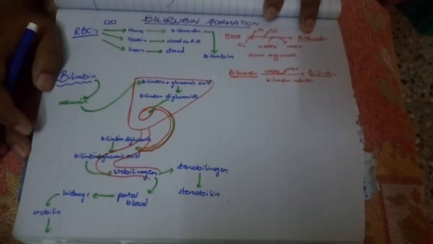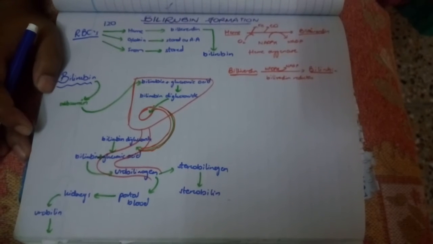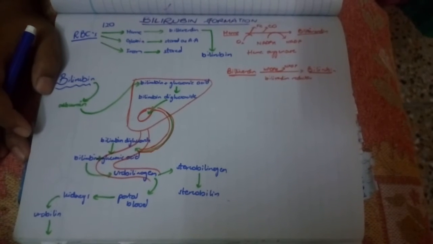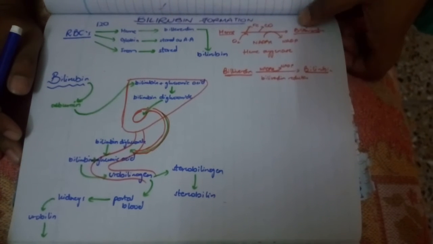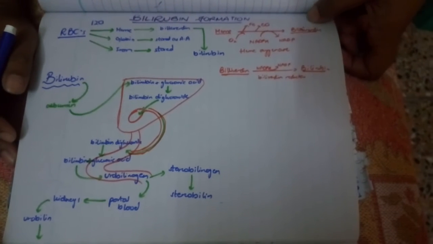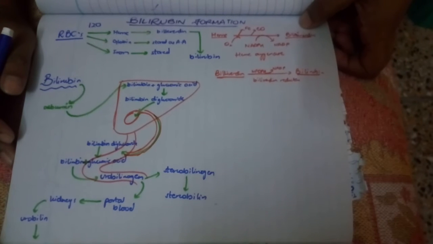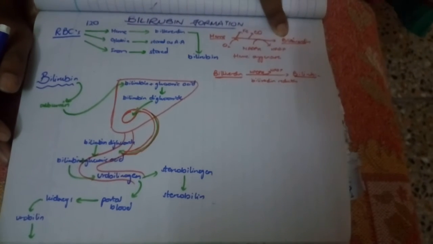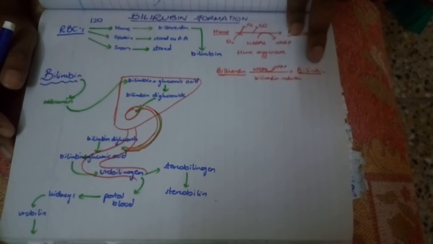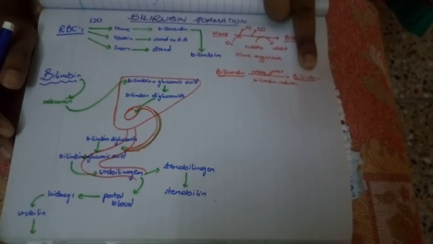After biliverdin formation, remember it is a very important MCQ of biochemistry: what is the first pigment of RBC degradation? It is not bilirubin, it is biliverdin. It is a green colored pigment which is first produced in the process of RBC degradation. After biliverdin formation, it is readily converted into the yellow colored pigment bilirubin in our body.